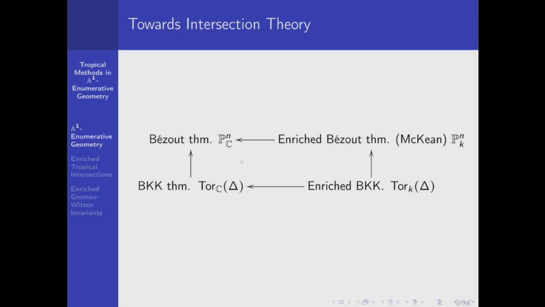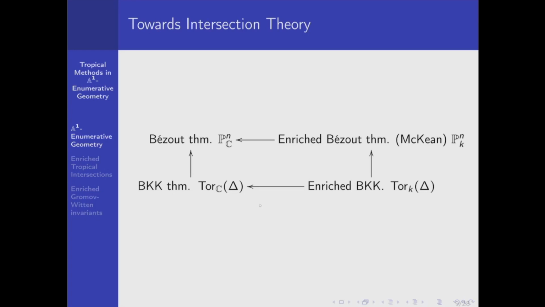So you have now a toric variety and hypersurfaces, and then there is the Bernstein-Kushnirenko theorem that tells me that the number of intersection points of these n hypersurfaces is given by the mixed volume of the polytopes. And what we proved now is an enriched Bernstein-Kushnirenko theorem, for toric varieties over arbitrary fields.